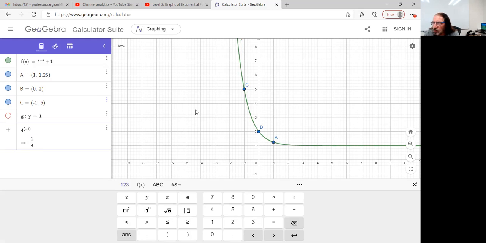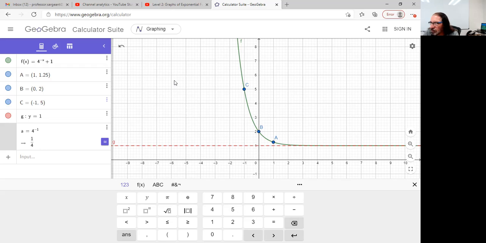Now, the range is still all real numbers. Changing the sign of x, it's not going to leave anything out from x compared to before, but we had a shift up 1 unit. That's going to change the horizontal asymptote, and it's going to change the range.